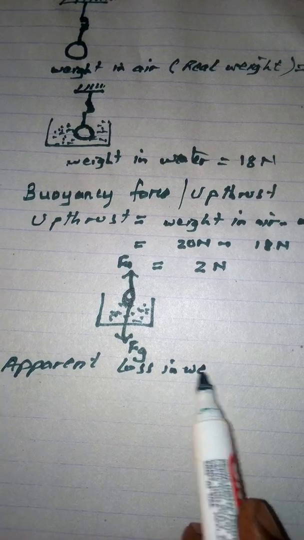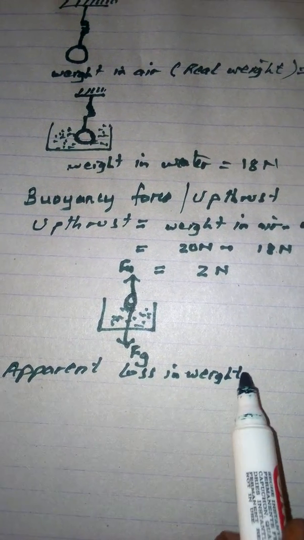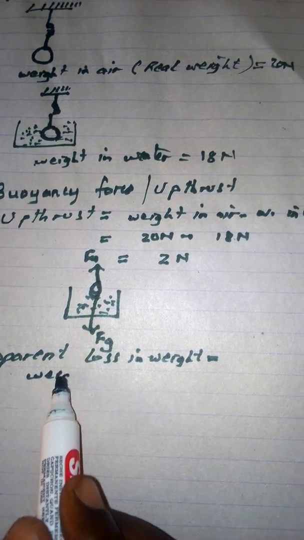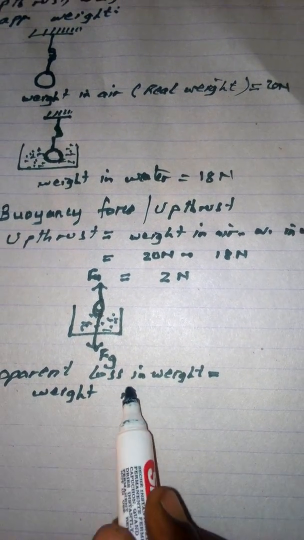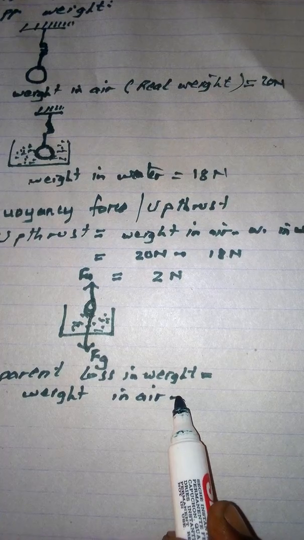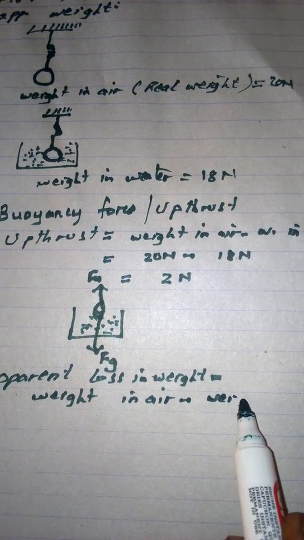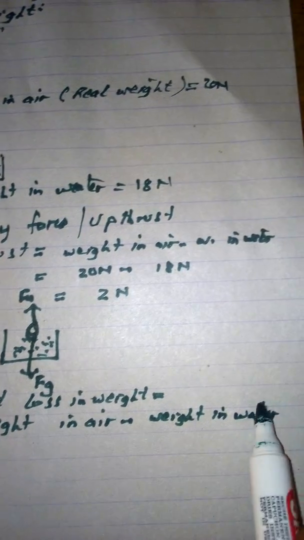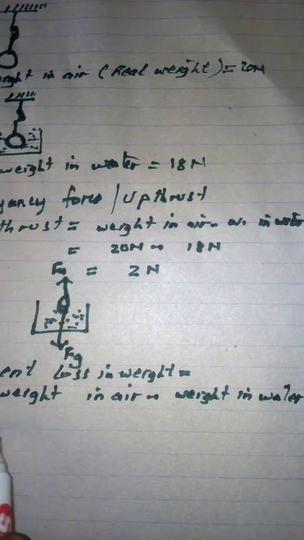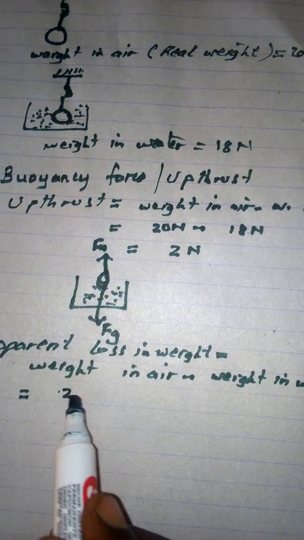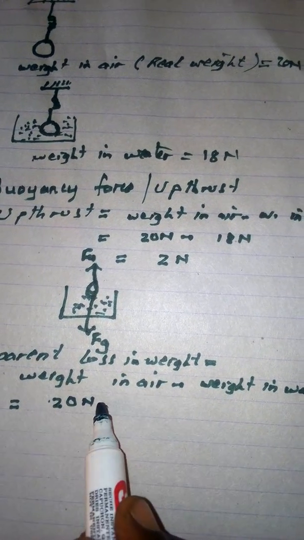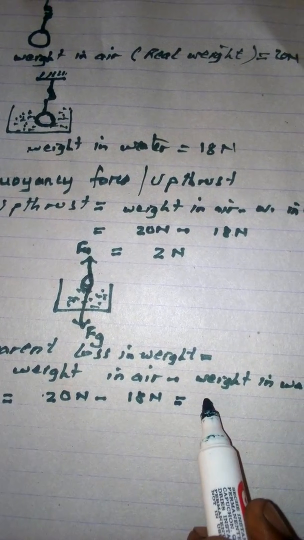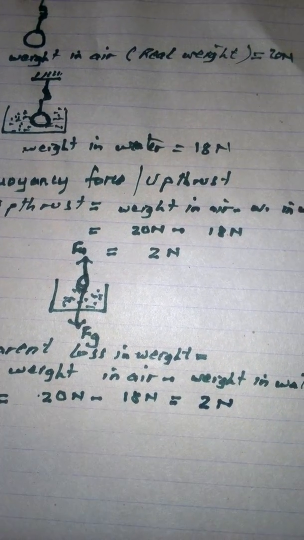And it can also be calculated in the same way, by taking the difference between the weight in air and the weight in water. That loss in weight, similarly, is 20 Newton minus 18 Newton. The loss here is 2 Newton.